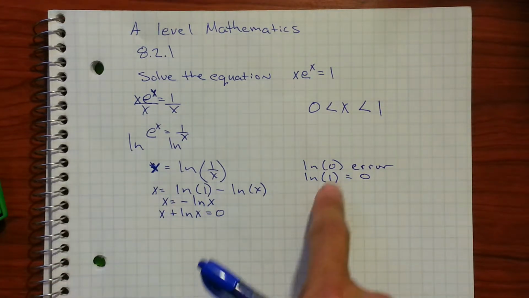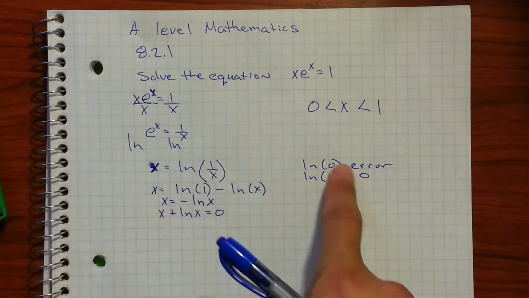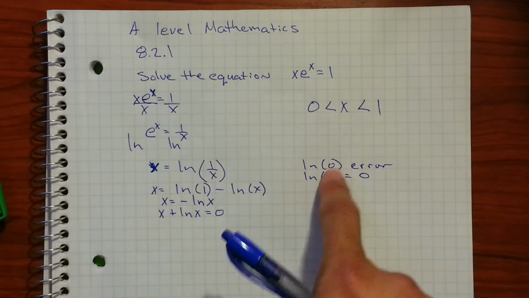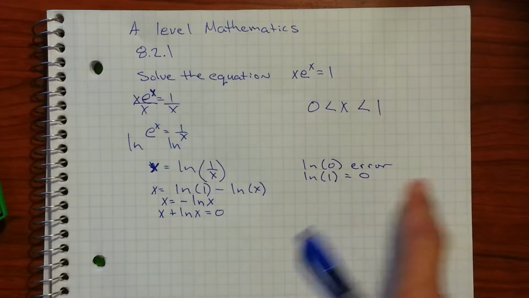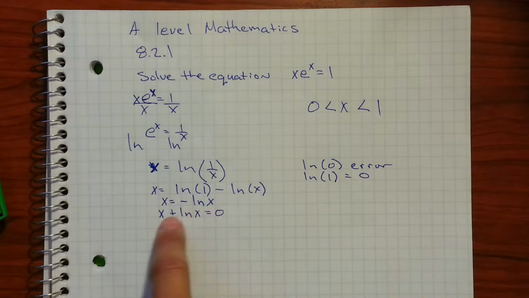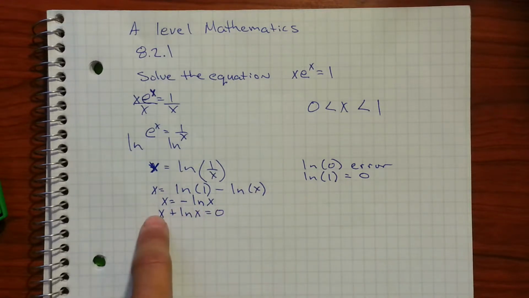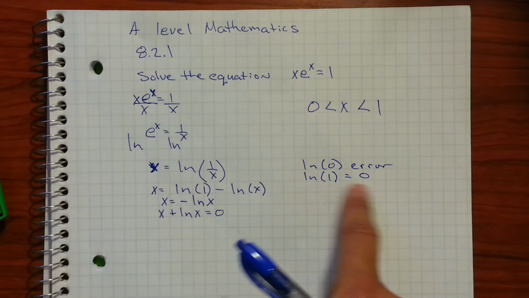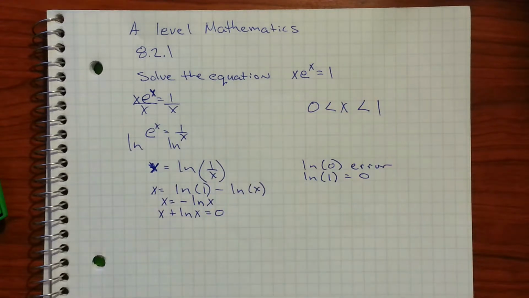That's what I get knowing the certain identities about ln. I can't have negatives, I can't have 0 because I get an error, and at 1 it doesn't give me 0. So I'm going to need something in between 0 and 1.